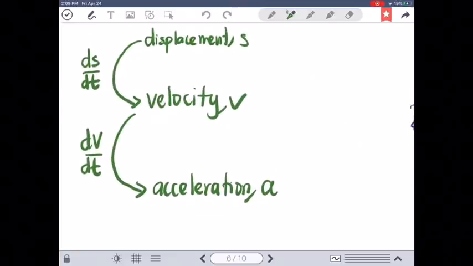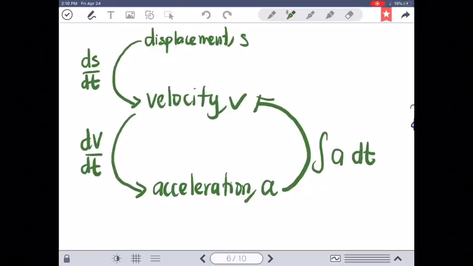And we know that integration is the reverse process of differentiation. That means that from a to get v, we must integrate a with respect to t. From v to get S, we must integrate v with respect to t.